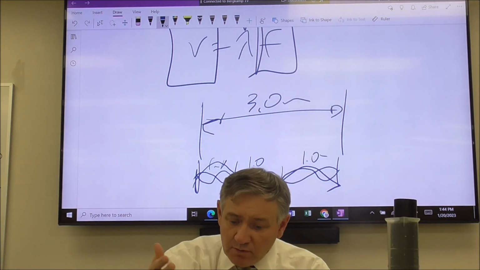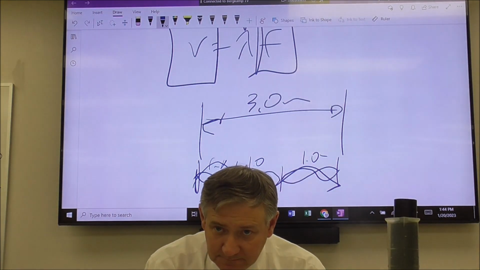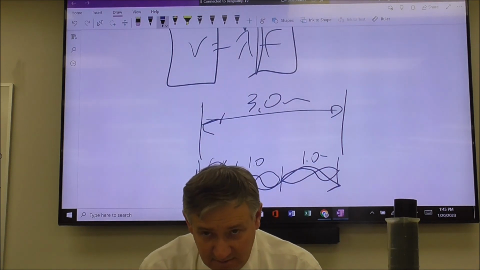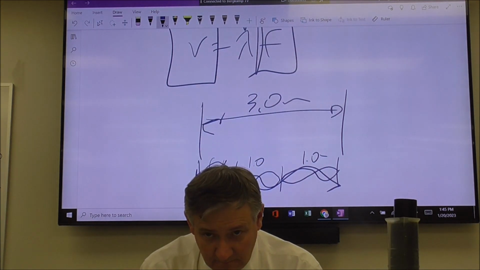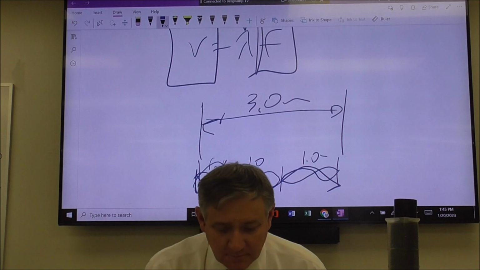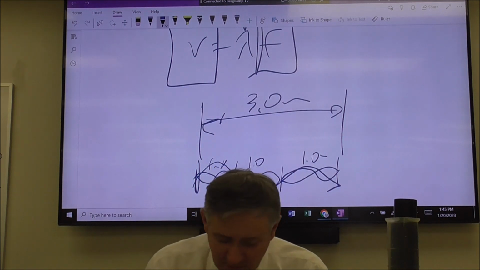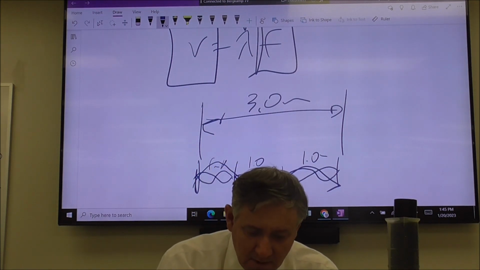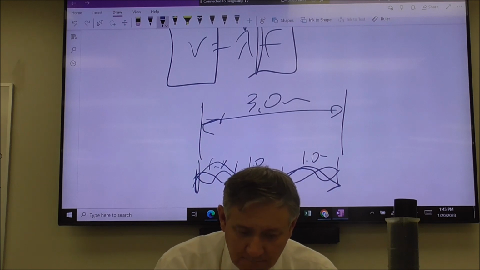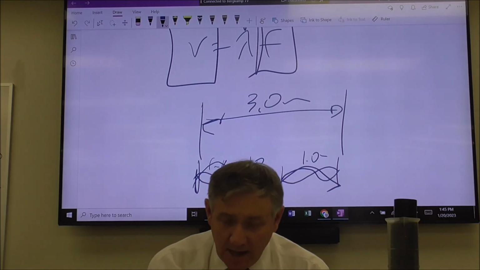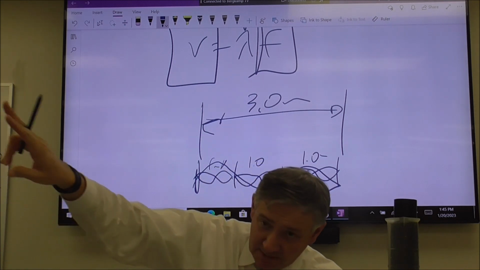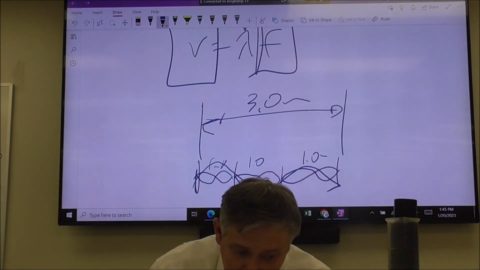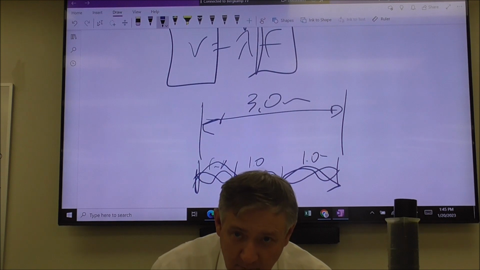So what's the total distance it's going to travel? 6 meters. It's going to travel 6 meters. Where did you get that from? Because you're told that you're 3 meters away from the wall. Yeah, because it's got to travel down, bounce off that wall, and come back. Okay. I'll take your word for it.